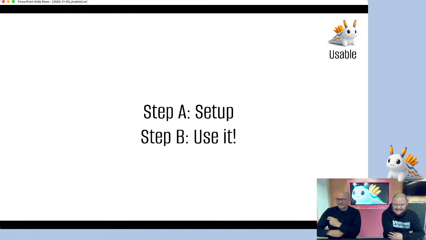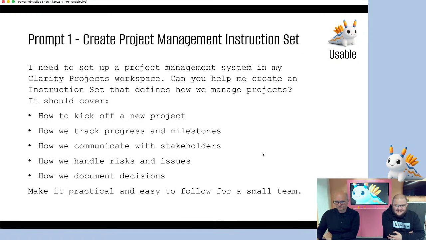What we will try to convince you of today is how easy it is to set up your own bespoke project management system and start using it. You can apply what you're learning in this session to various other types of systems or projects. Project management is just an example, but it is for the busy you.